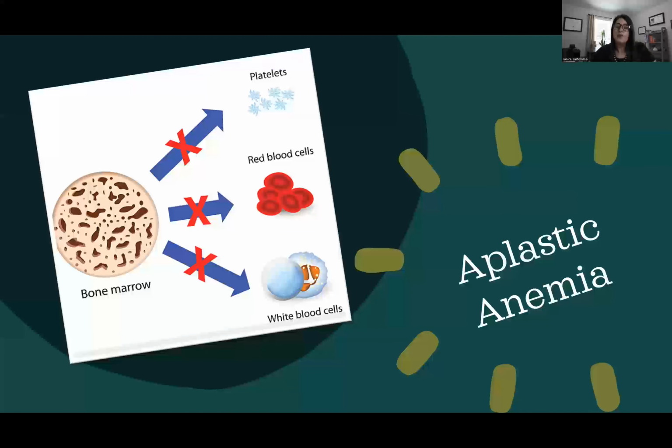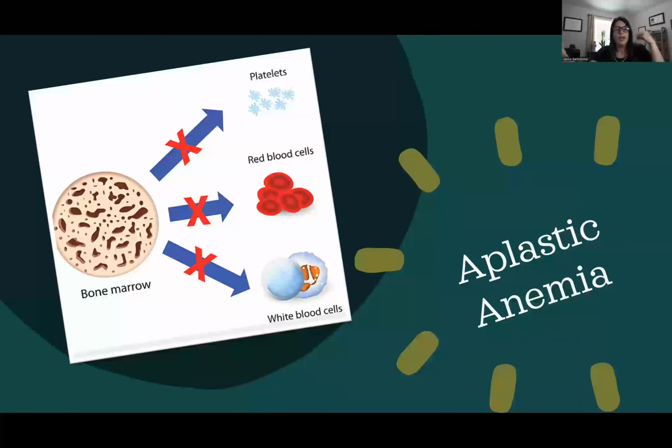All right, so now let's move on to aplastic anemia. This is basically just like this picture shows here. It's a problem in the bone marrow that produces all these cells, and basically you don't have any of the cells, any of the three main components: platelets, red blood cells, and white blood cells. Now let's think before I even go into the explanation.